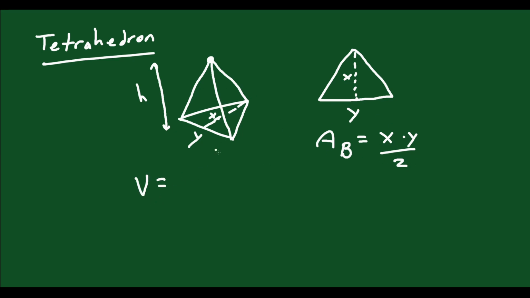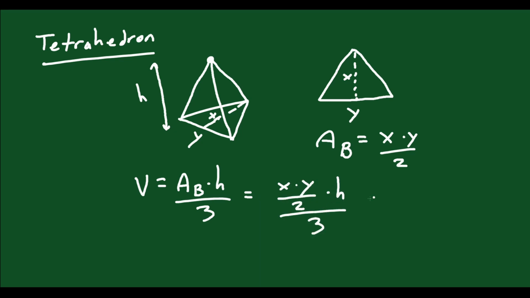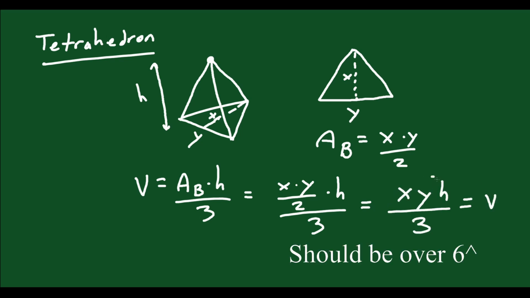Because as we've kind of seen a pattern here, the volume of all these sort of triangular shapes, whether it's a cone or a pyramid, is just the area of the base times the height divided by 3. You could sub that in and say x times y over 2 times h over 3. Well, what's this going to become? It's going to become x, y, h over 3 is your volume. So that's the equation you could use.